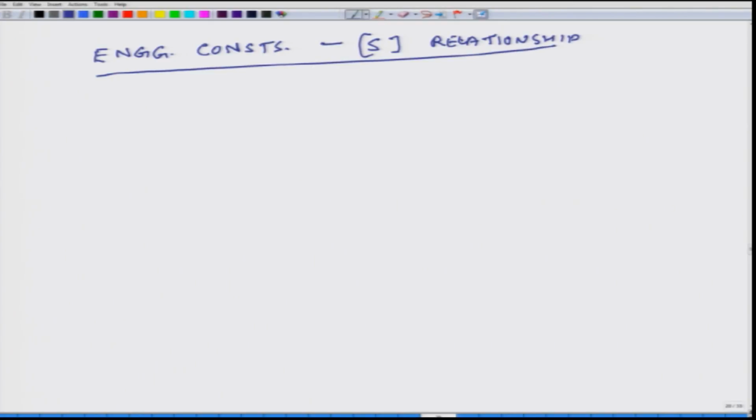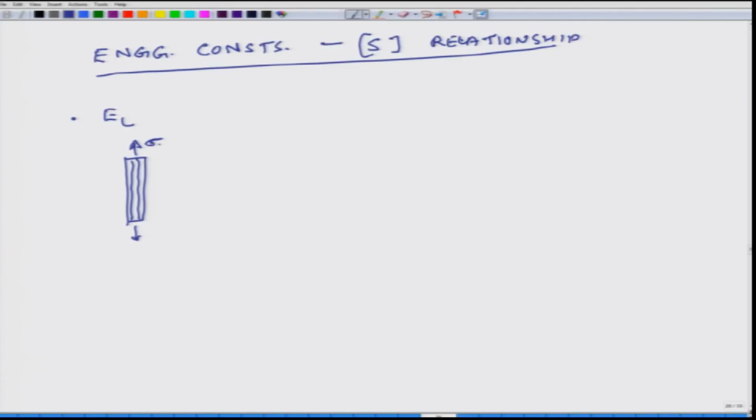So, first we will list what these engineering constants are. So, the first one is EL, and these are engineering constants because by doing simple engineering experiments we can measure these. So, what is EL? EL is if you have a sample and the fibers are in this direction and you do a tensile test on it.